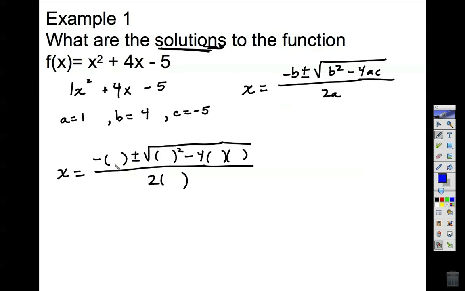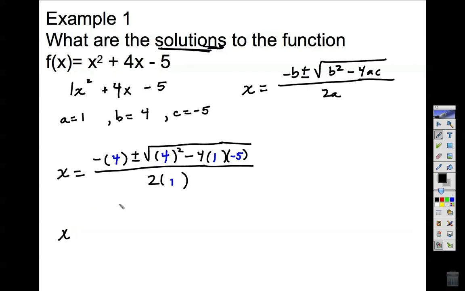So b goes in here, b is 4, 4 goes here, a is 1, c is negative 5, and a is 1. When I do this, I do remember to carry my negative for c. A and b were positive. A lot of people forget to do this, especially in this very first term, or right here.